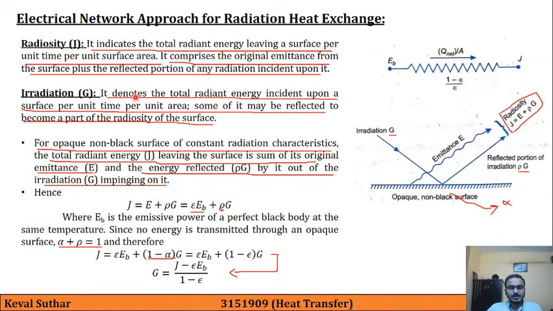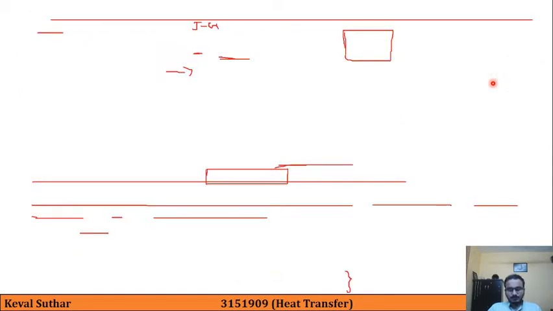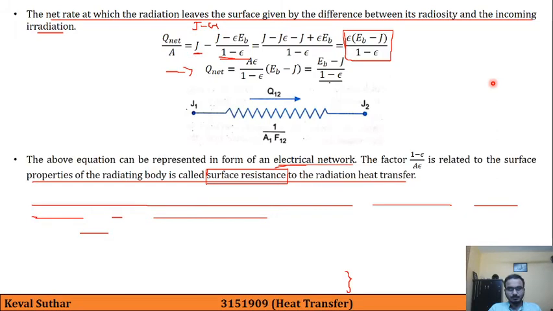The irradiation G denotes the total radiant energy incident upon the surface per unit time per unit area. Some of it may be reflected to become a part of radiosity of the surface, that is quite evident from this figure. And here we had this electrical analogy where this value, that is 1 minus epsilon divided by A epsilon, represents the surface resistance to the radiation heat transfer.